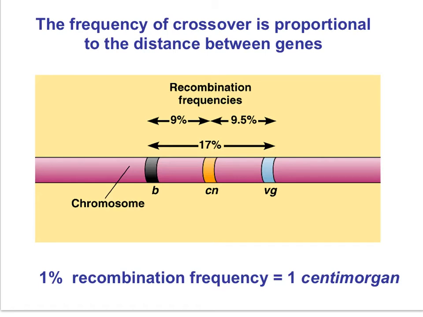Now you can see this here with genes B, CN, and VG. Crossover frequency between B and VG is higher at 17% than it is between B and CN or CN and VG at 9.5% each. We can use crossover frequency to map the locations of genes on chromosomes.